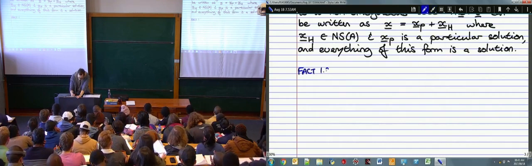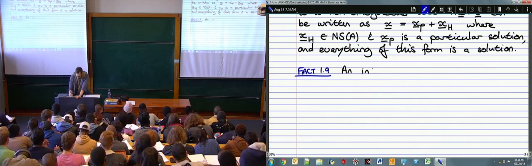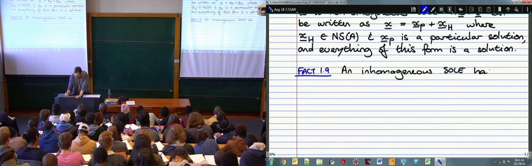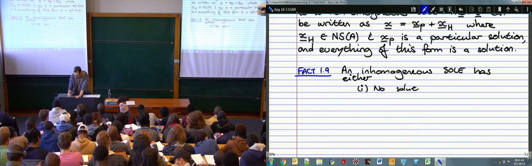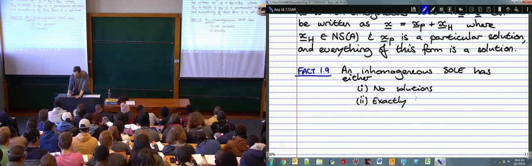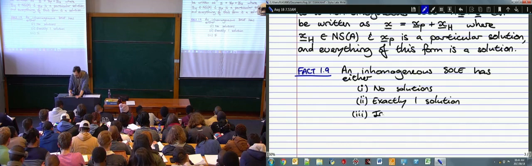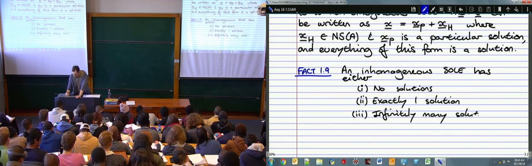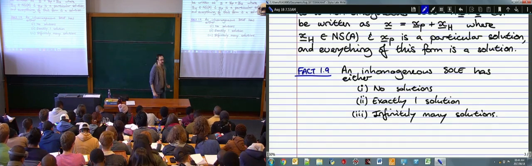Fact 1.9. An inhomogeneous system of linear equations has either no solutions, exactly one solution, or infinitely many solutions.